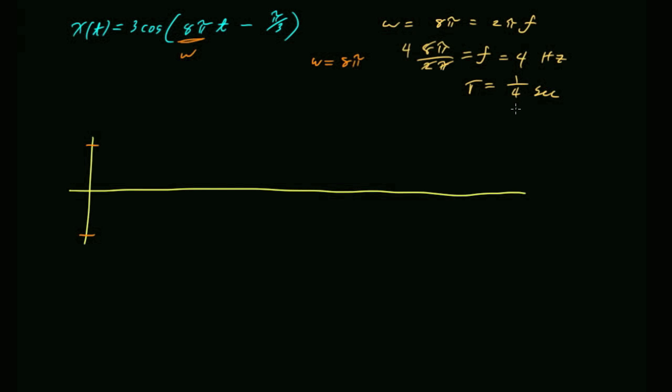And therefore my period is 1/4 of a second. I could write 0.25 seconds. I could write 250 milliseconds. It's all the same business. So I know the frequency of the signal. Very nice. Next thing I need to know is phase shift.